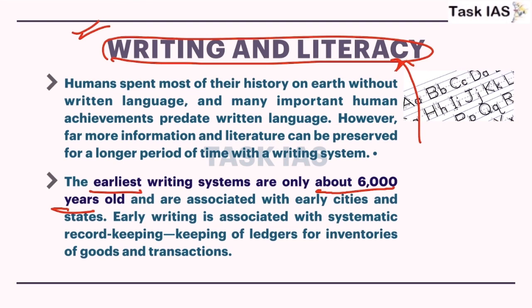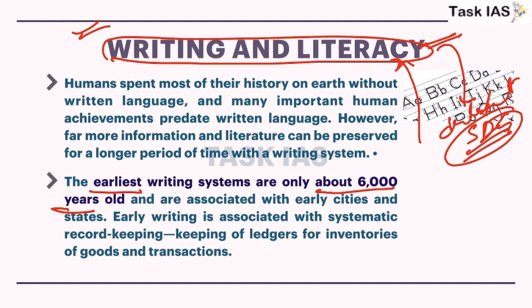So this literacy aspect is associated with development criteria. You can mention it with the SDGs as well. Different programs like the Saakshar Bharat Mission in India are going on for this literacy aspect.